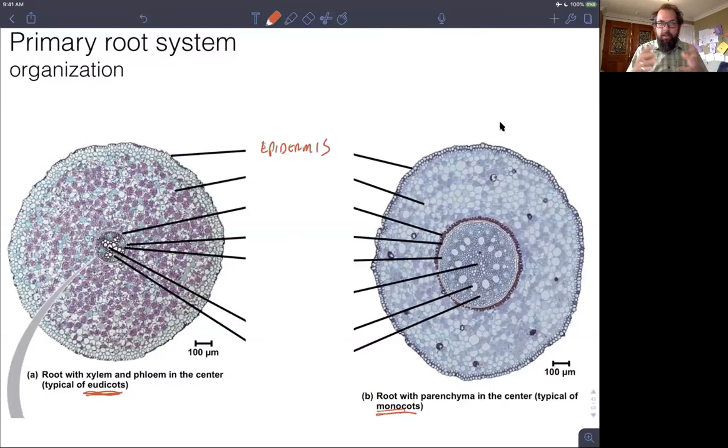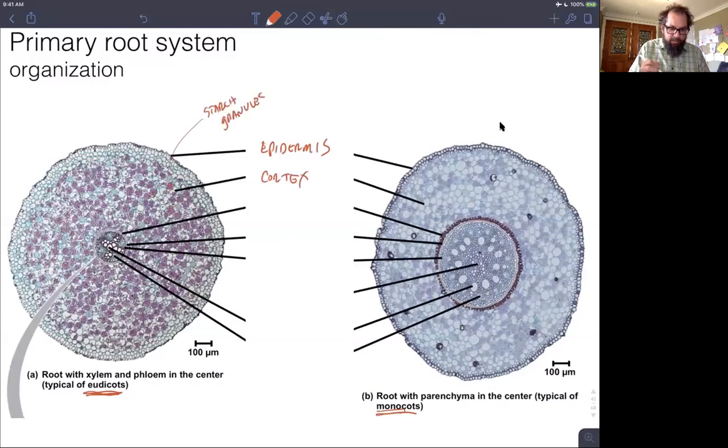The majority of the ground tissue in the root is made up by what we call the cortex. The cortex is part of the ground tissue. I'll point a couple of these out in some of the other cell types, but just to mention some of these cortical cells, you can see all these starch granules that are being stored.